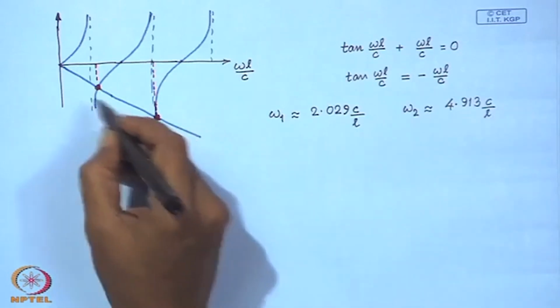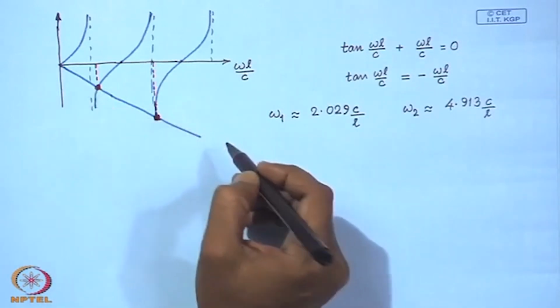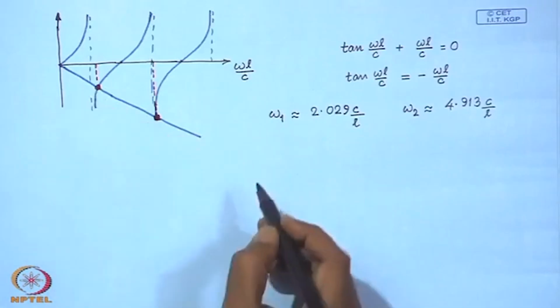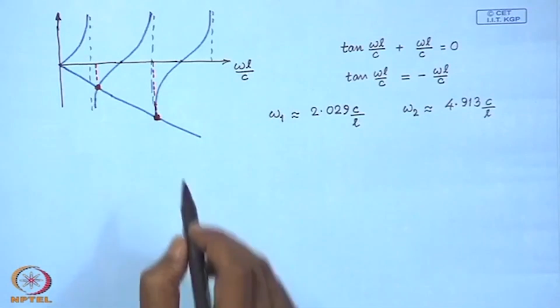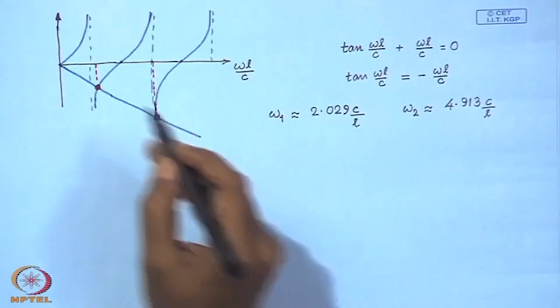and so on. So, you can realize that there will be infinitely many intersections which are discrete.